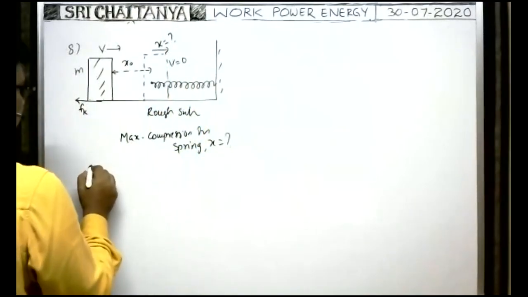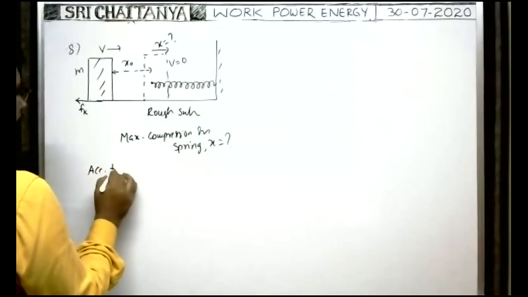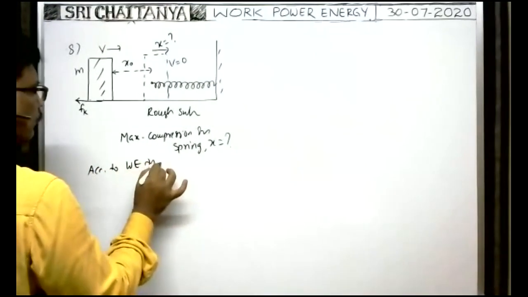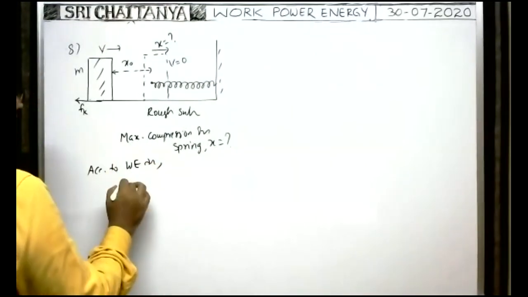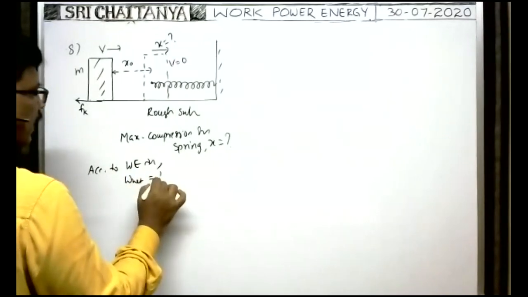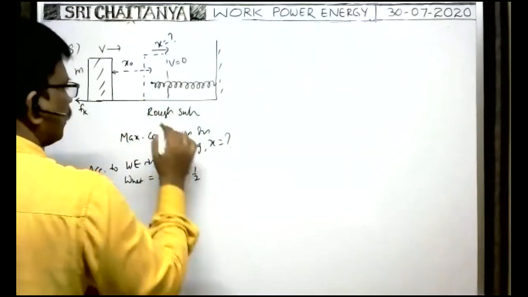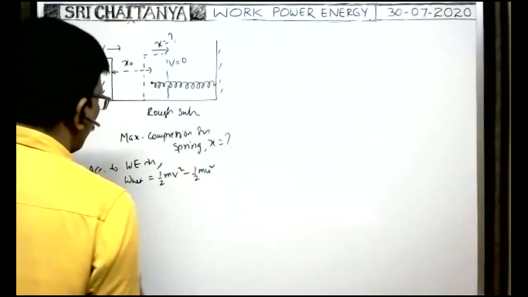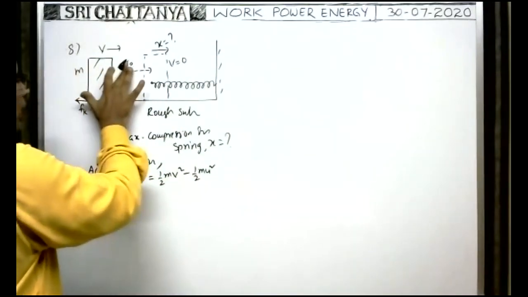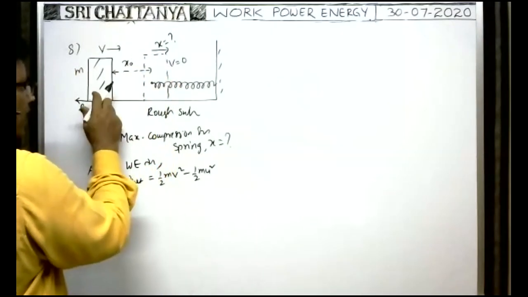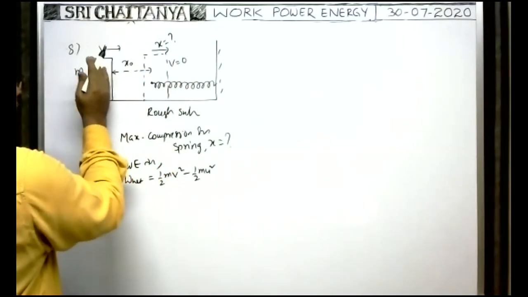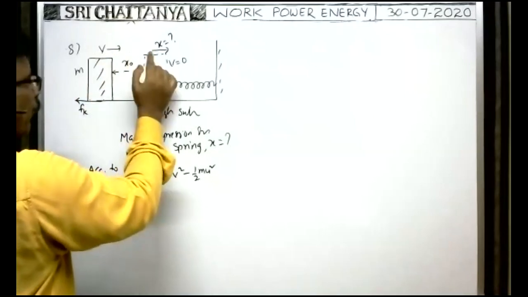So according to the work energy theorem, net work done is equal to change in kinetic energy of the block. You see, whenever the block moves in this direction, what is the total displacement of the block before coming to rest?